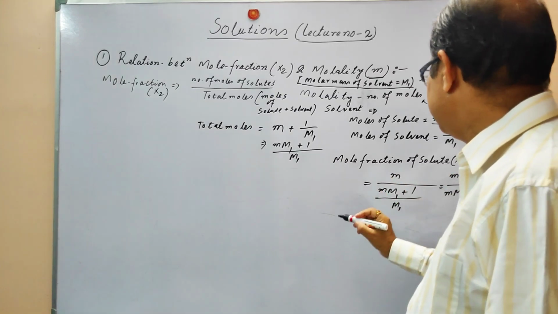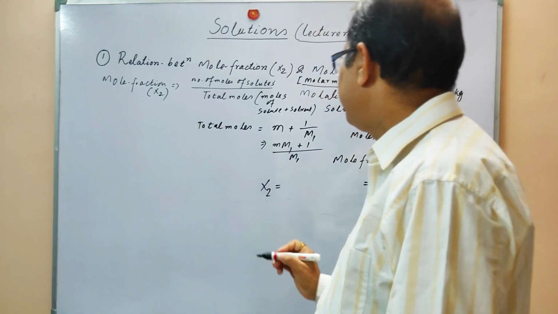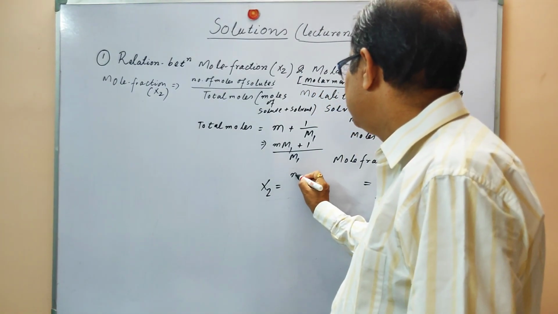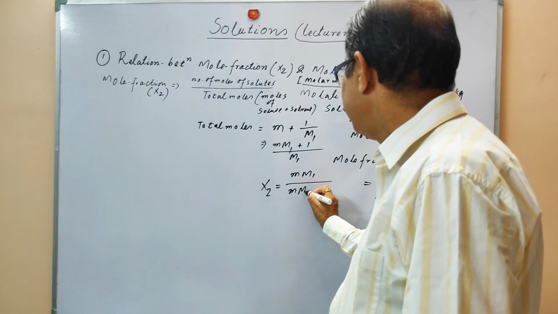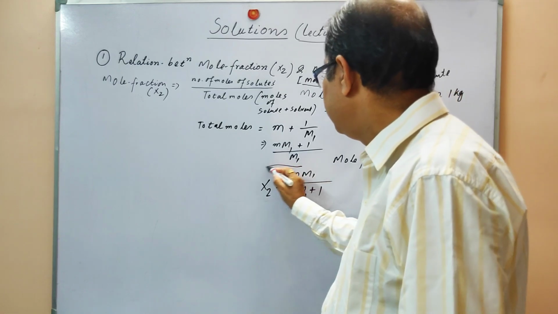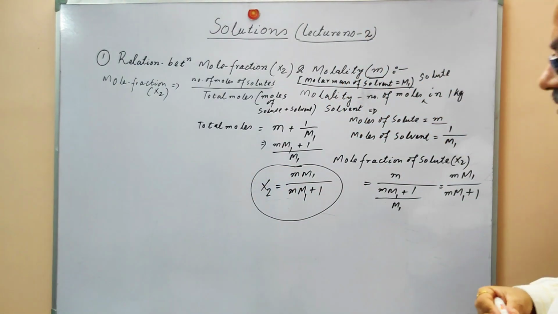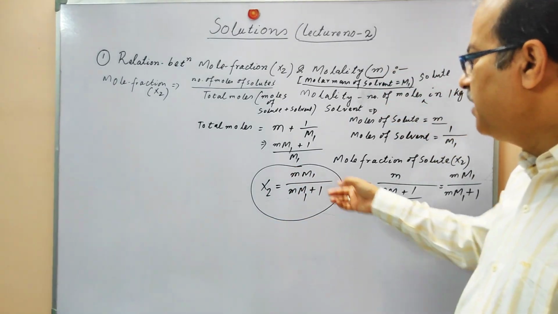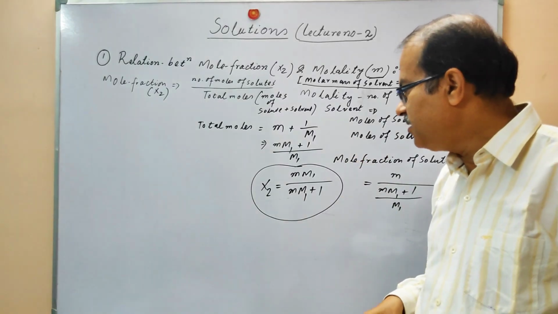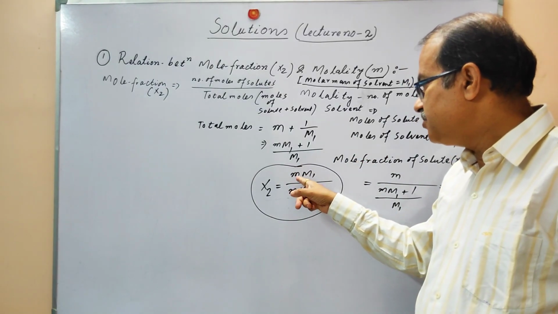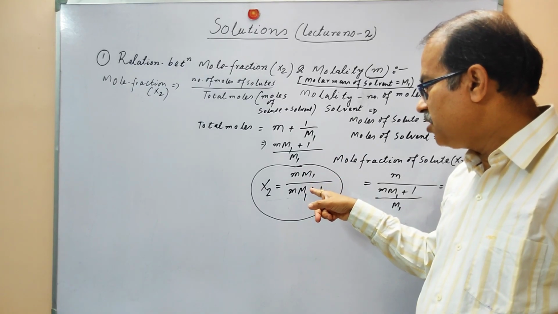That is the relationship: X2, the mole fraction of the solute, is equal to small m M1 by small m M1 plus 1. Here small m is molality and capital M1 is the molar mass of the solvent.